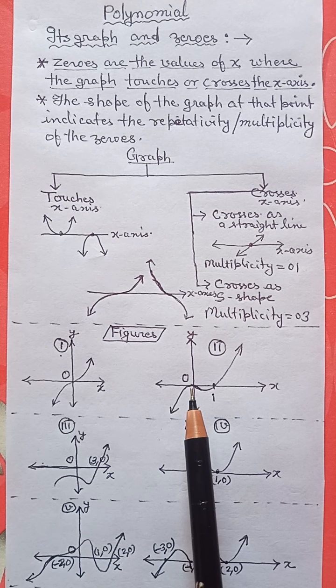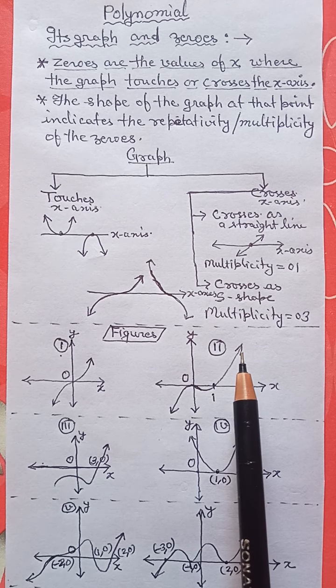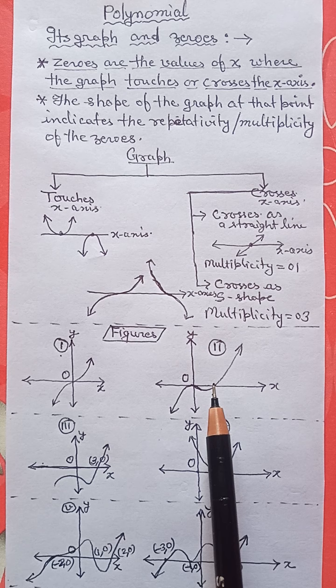Therefore, its repetitivity or multiplicity is 2. Now here it crosses the x-axis. Therefore, 1 is a zero and its repetitivity or multiplicity is 1.